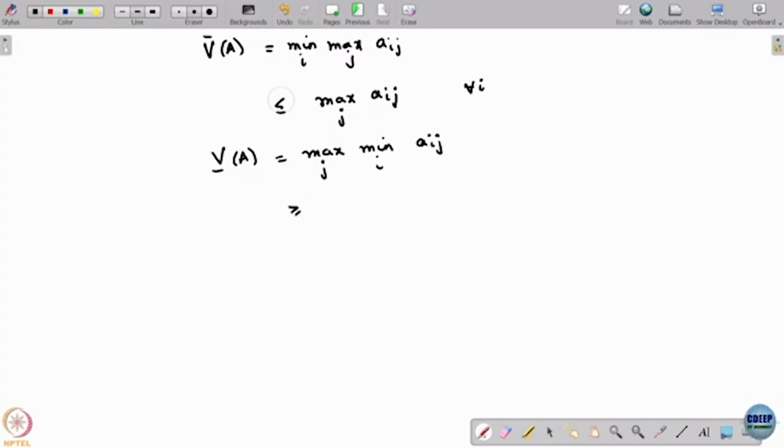So therefore, this was always greater than or equal to min over i, for all j. Okay, but now what we showed was actually these are each equal to A i star j star. Both of these are equal to A i star j star.